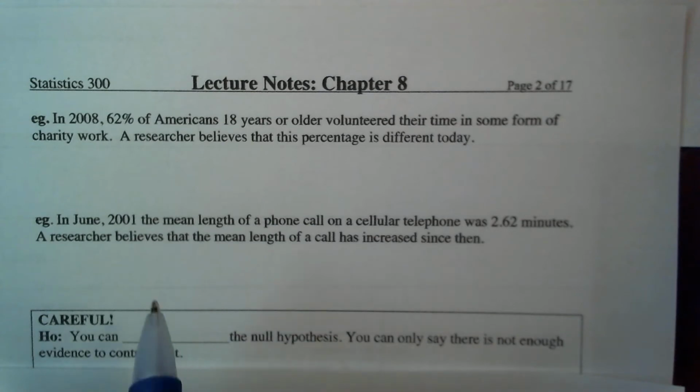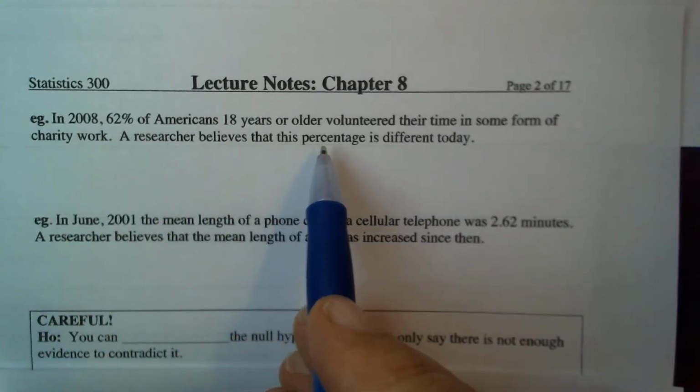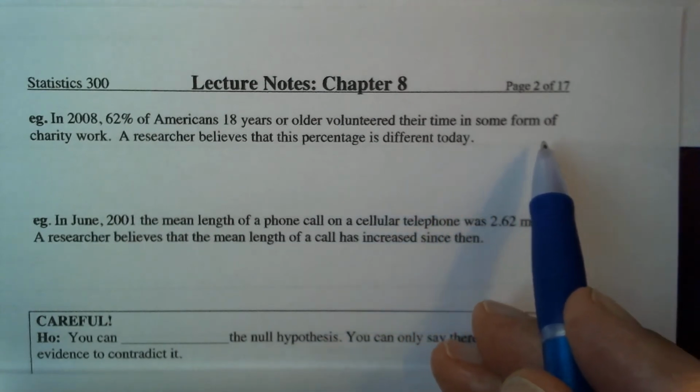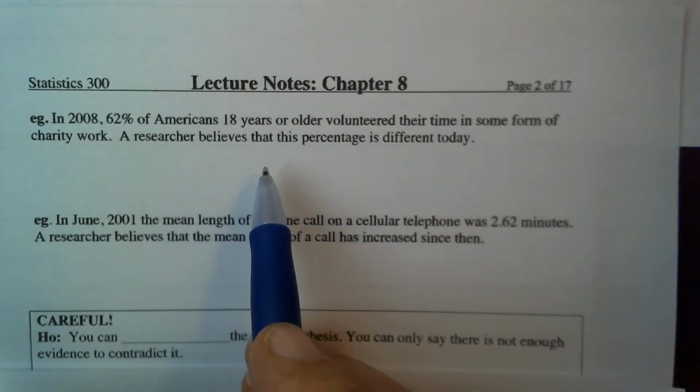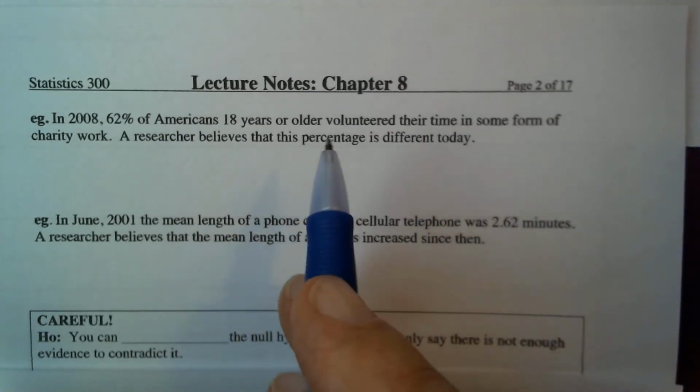Let's look at a simple example. In 2008, 62% of Americans 18 years and older volunteered their time in some form of charity work. A researcher believes this percentage is different today.